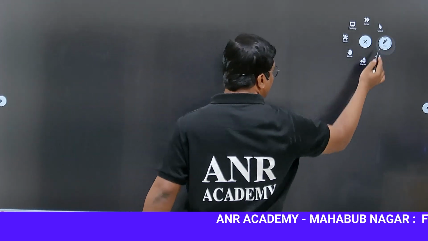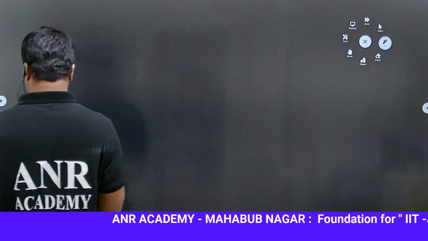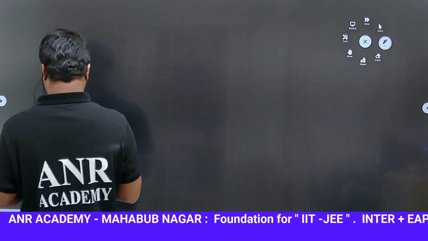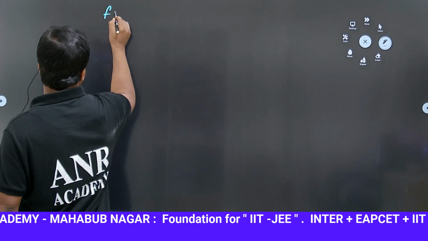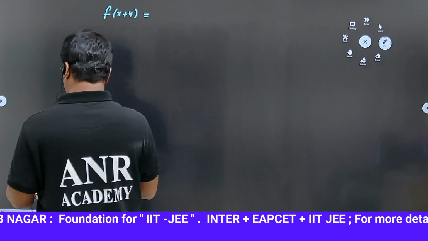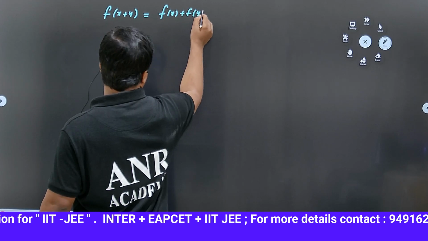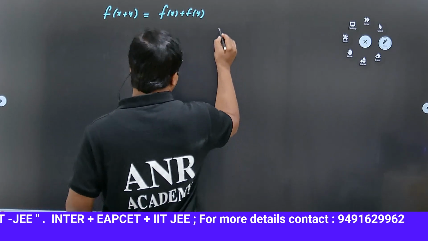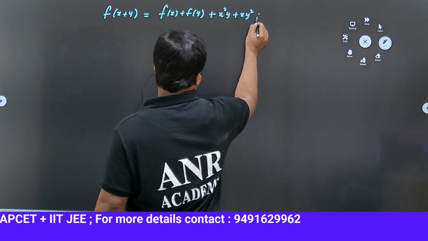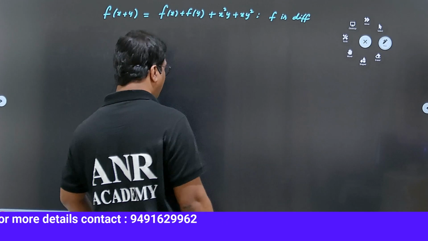Suppose the question: f of x plus y is given as f of x plus f of y plus x square y plus x y square, and f is a differentiable function.